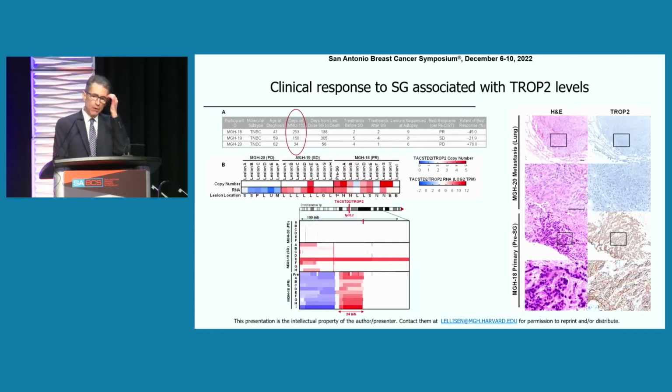And this latter patient turned out to be a fruitful one to study, because it was clear that the patient had near complete regression of several metastatic lesions, but then regrowth and progression, and we were able to capture those lesions at the time of rapid autopsy. So we thought that it would be a good case study for acquired resistance.